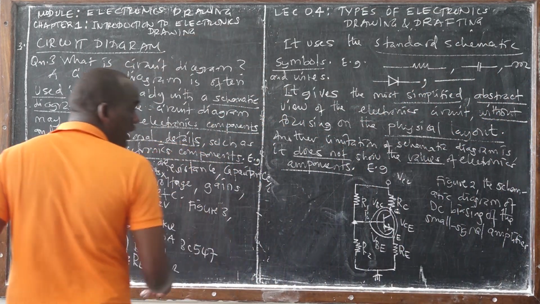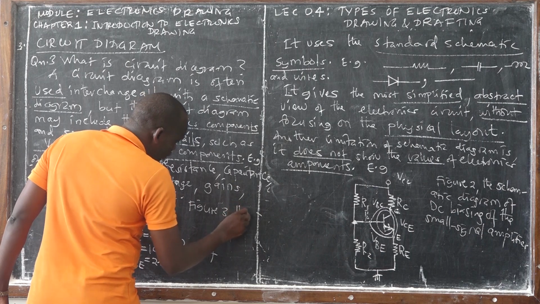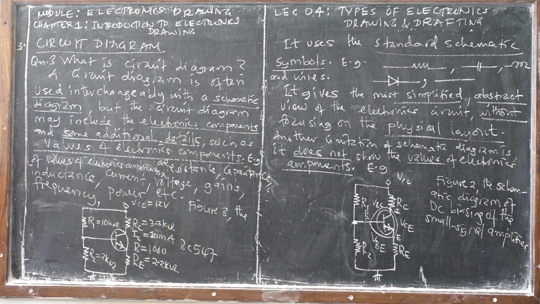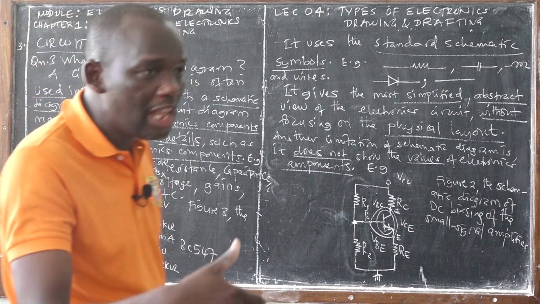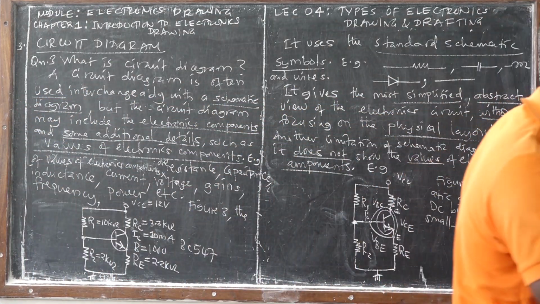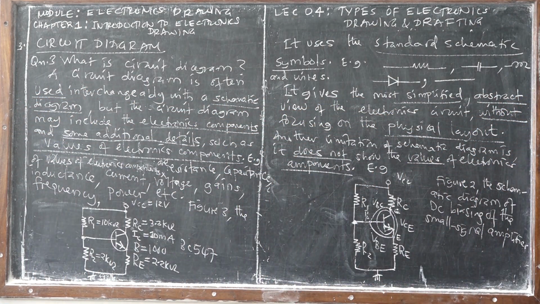So this is figure 3. You may call it either a circuit diagram or a schematic circuit diagram. So you have to know the difference between a schematic diagram and a circuit diagram. But there's also another terminology which is a combination of the two: schematic circuit diagram. So you have the components and their values.